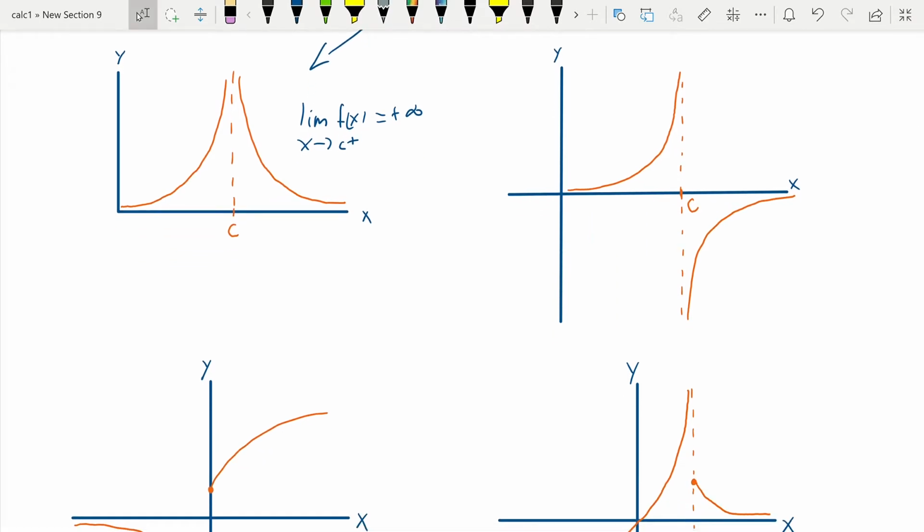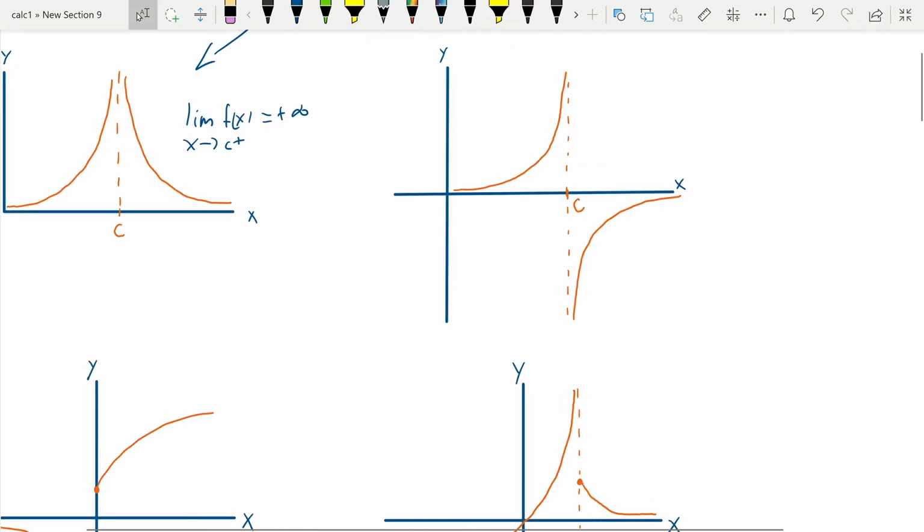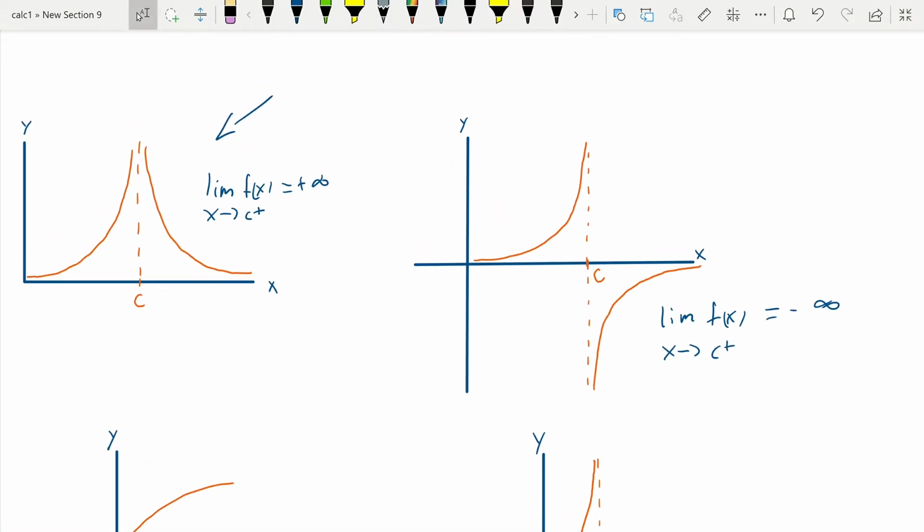Here in the second example, you have also an infinite type discontinuity. Here the limits from the right and from the left are not the same. The limit from the right is minus infinity, while the limit from the left is plus infinity.